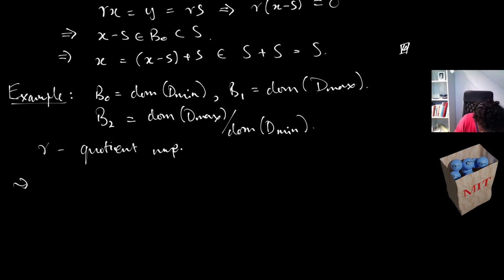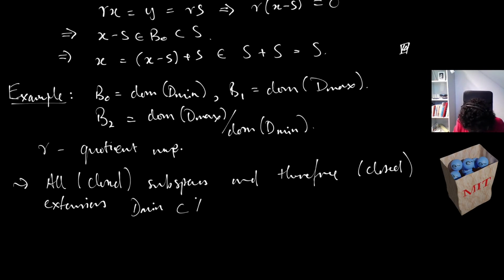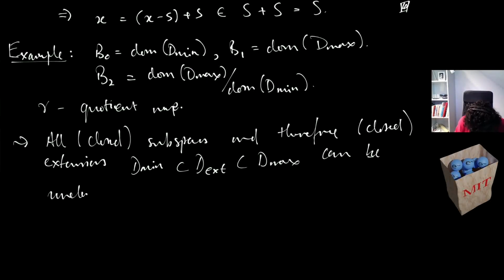So all possibly closed subspaces, and therefore closed extensions between dmin and dmax, can be understood as subspaces, because I don't necessarily mean closed.